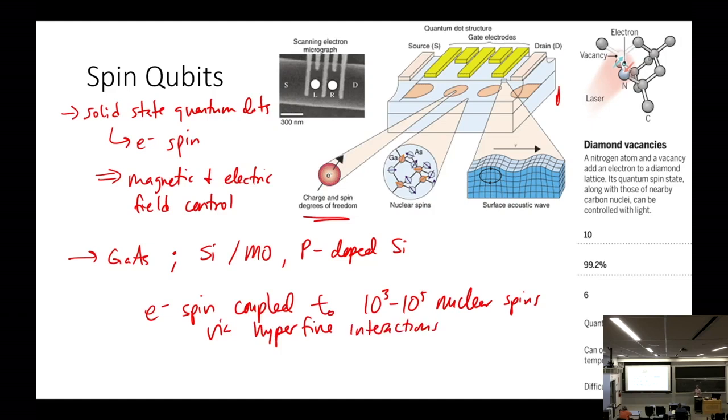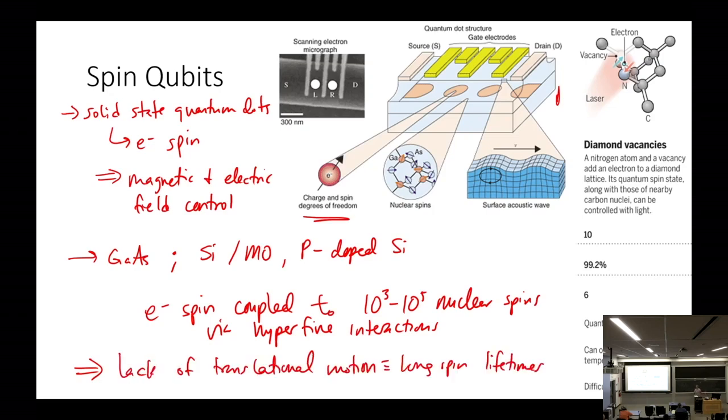The lack of translational motion in these systems provides really long spin lifetimes. The quantum dot is literally quantum confined to that small nanometer region, so that's really good. But that's offset by the interaction of the spin with the complex environment that it finds itself in.